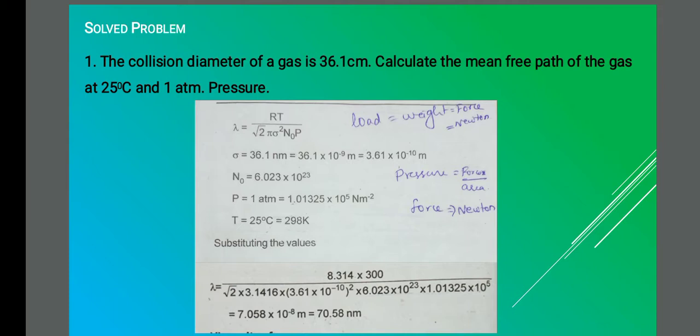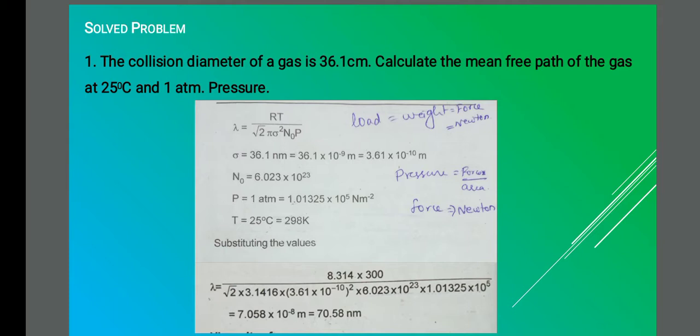So I'll repeat the things given here. Pressure is given as 1 atmosphere, which is 1.01325 times 10 to the power of 5 Newton per meter squared. The sigma value, that is the collision diameter, is 36.1 nanometer, which can be written as 3.61 times 10 to the power of minus 10 meter. We can make all the things standard in meters. Avogadro's number is 6.023 times 10 to the power of 23.